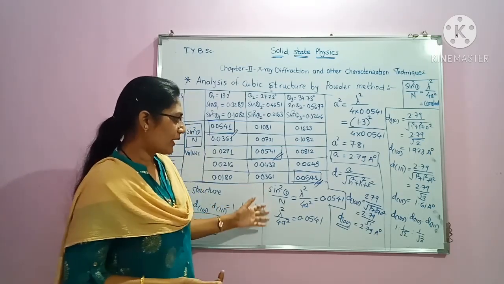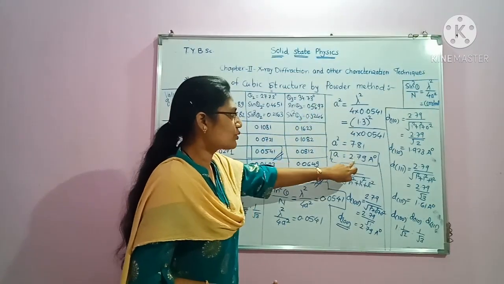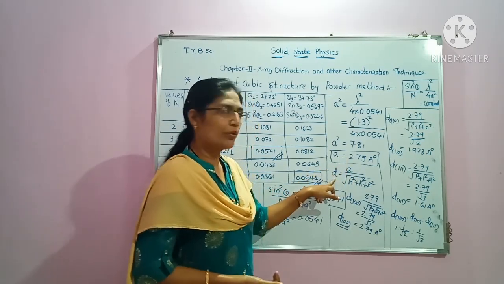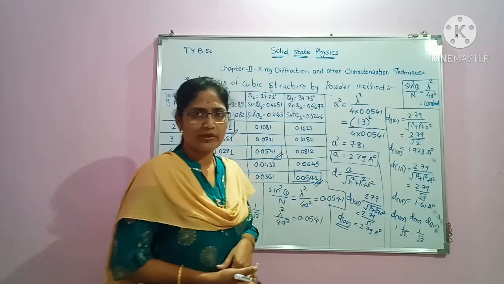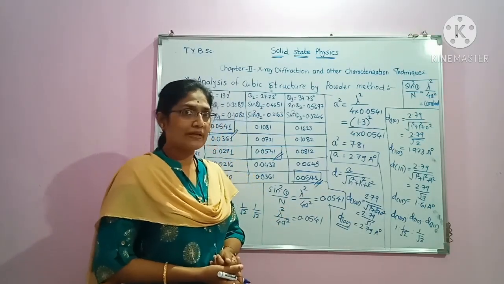So initially we have calculated the a value from this, and the a value comes out as 2.79 angstrom. Then by substituting this value in the formula, d is equal to a upon square root of h square plus k square plus l square, for various d, that is for sets of parallel planes.